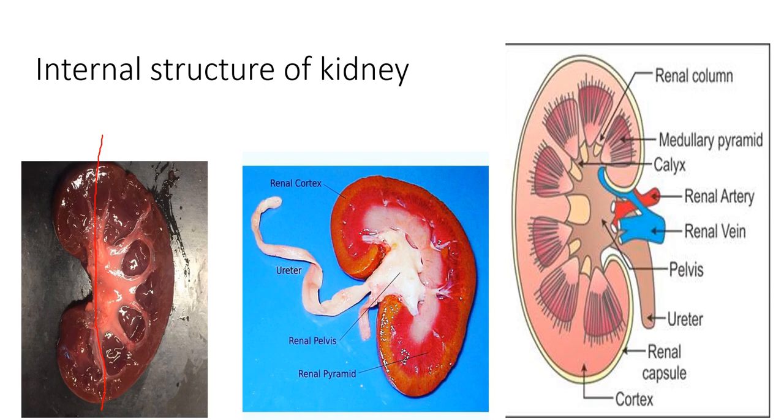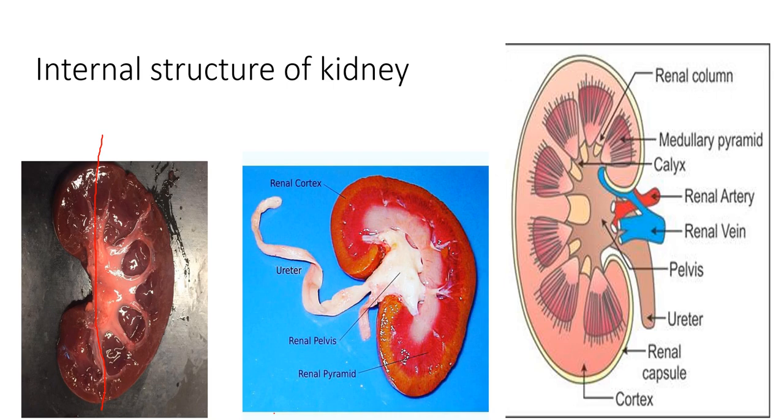The outer region of the kidney is called the cortex and the inner region is called the medulla. In this medulla you can find some funnel shaped structures. These are called the medullary pyramids.